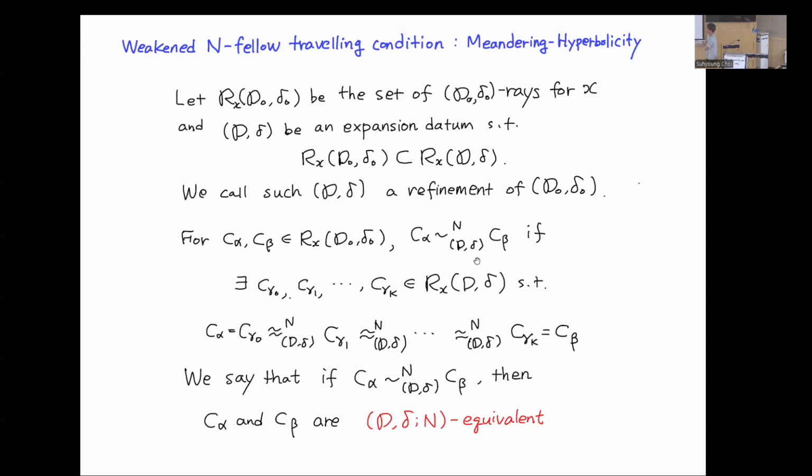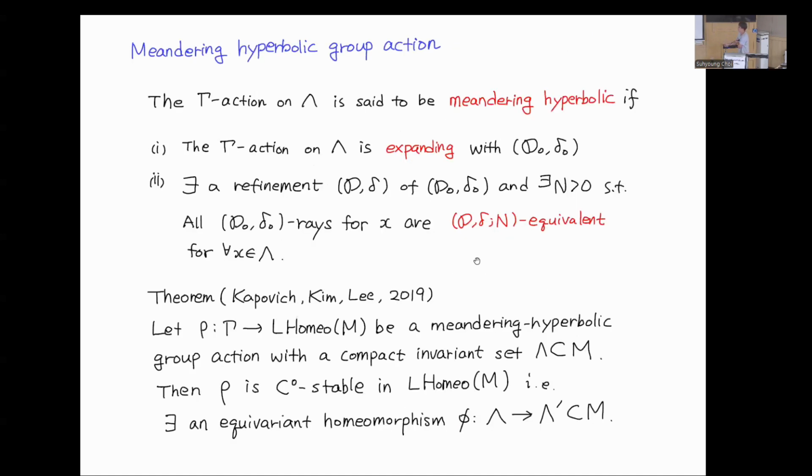So c alpha is equivalent to c beta by interpolating some rays. If c alpha and c beta are N equivalent like this, then we say that c alpha and c beta are delta N equivalent. This is the meandering hyperbolicity, generalizing the N-parallel traveling property.